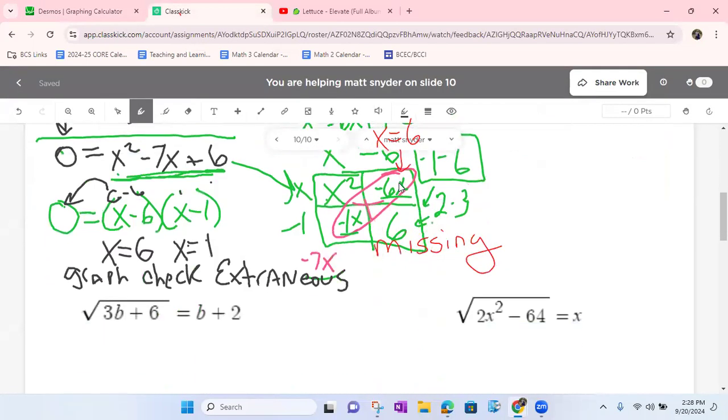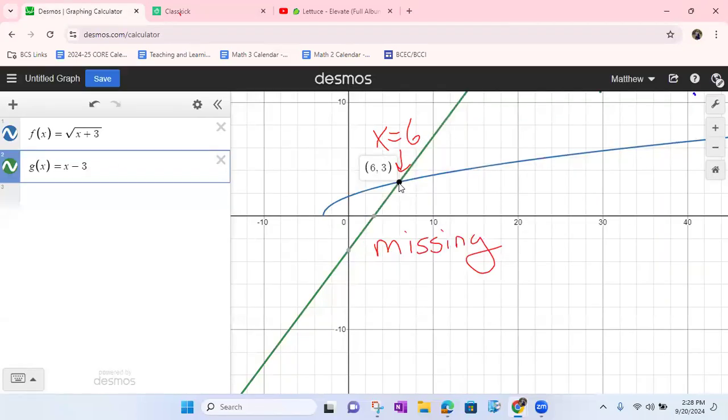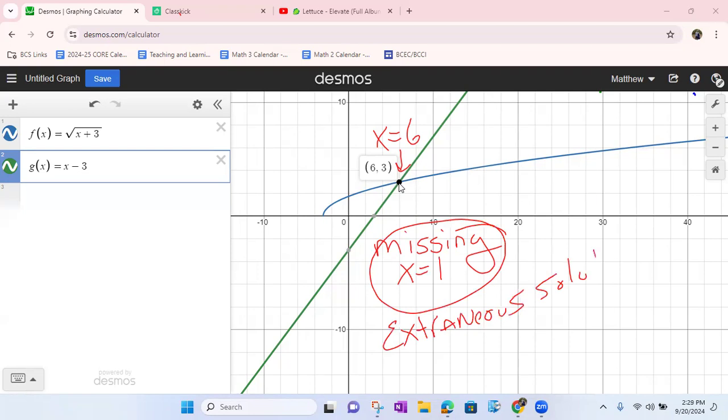Let's scroll down. We are missing the x equals 1. We can see that we're missing x equals 1. And that means that x equals 1 is our extraneous solution, because it's not on the graph or the intersection, and x equals 6 is our actual answer that we were looking for.